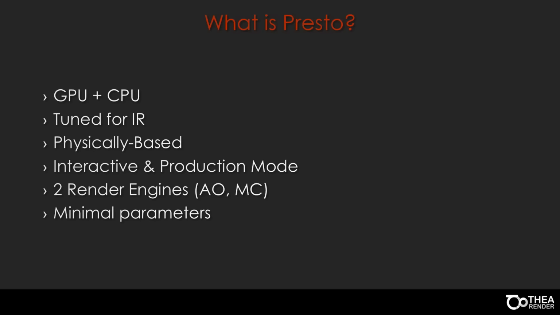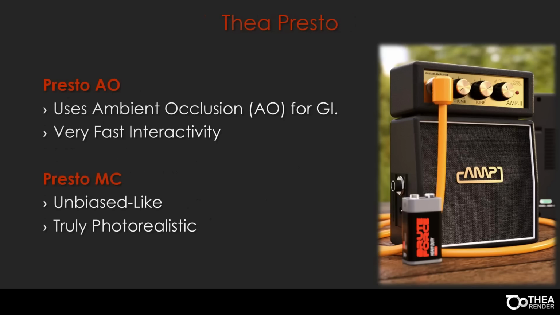Now, in more detail, the Presto AO engine uses ambient occlusion to mimic a part of the global illumination in the scene, and it has been tuned to be very fast, and you can even create convincing final renderings.